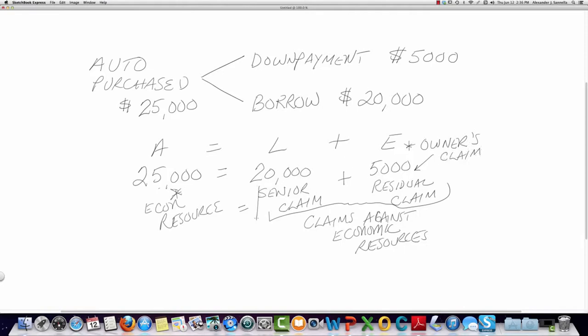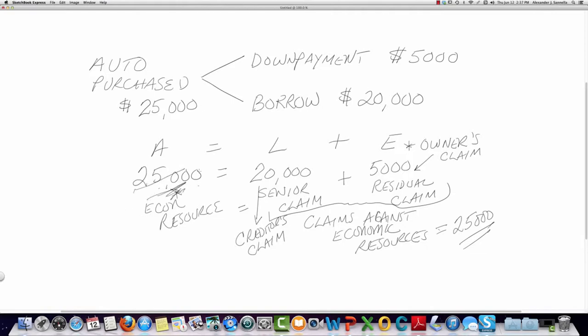This is the creditor's claim, the liability. And again, the balance sheet has to balance. The economic resource of $25,000 is going to be equal to the total claims against economic resources of $25,000.